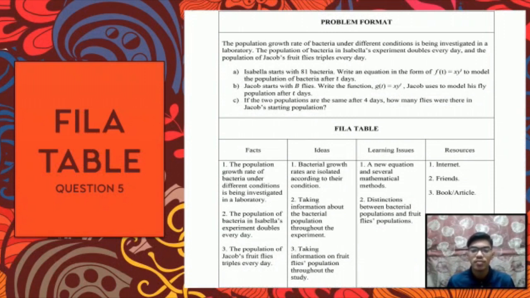Second, taking information about the bacterial population throughout the experiment. And third, taking information on the fruit flies population throughout the study. And for learning issues, first, a new equation and several mathematical methods. And second, distinctions between the bacterial population and the fruit flies population. So from me, thank you.